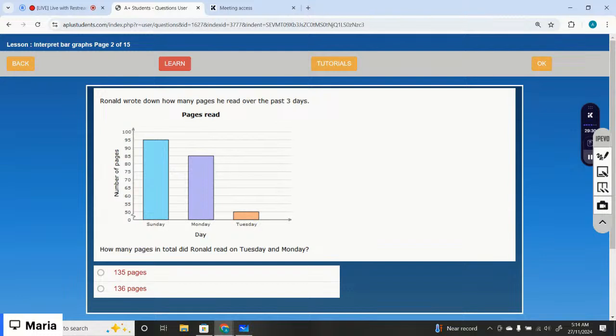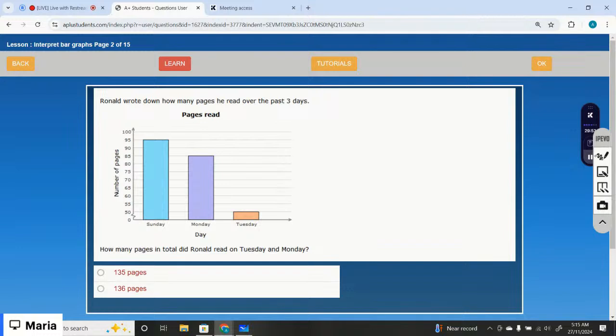Ronald wrote down how many pages he read over the past 3 days. How many pages in total did Ronald read on Tuesday and Monday? So, which is the correct option? Tuesday and Monday. So, you need to add the pages Ronald read on Tuesday and Monday, right?